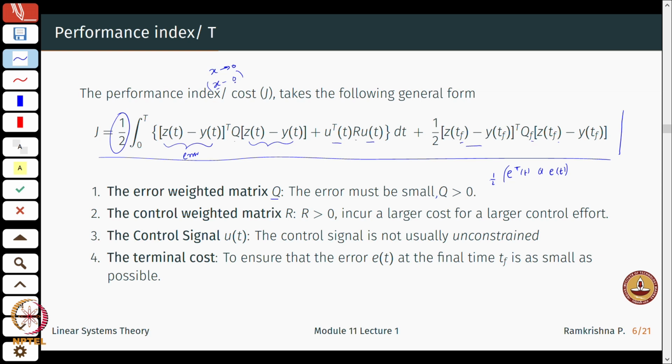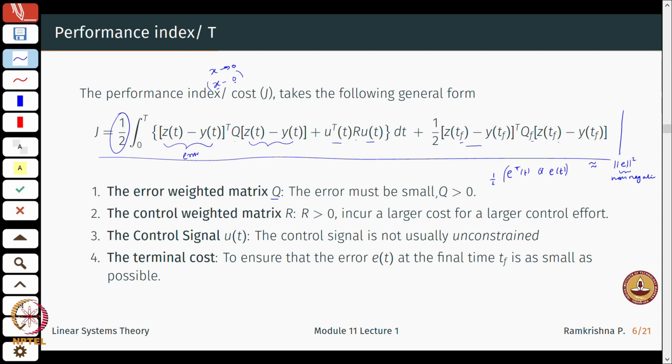Now typically, this could also have some kind of interpretation in terms of the energy of the signal. Now, this should always be non-negative. This is a little approximation when say Q is identity, for example.